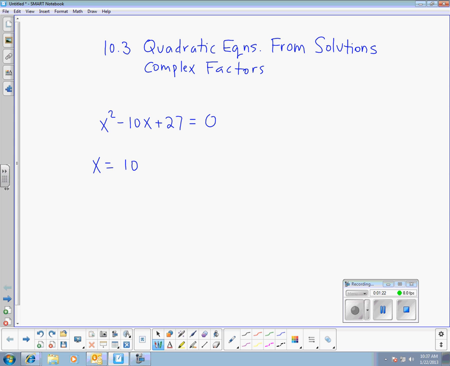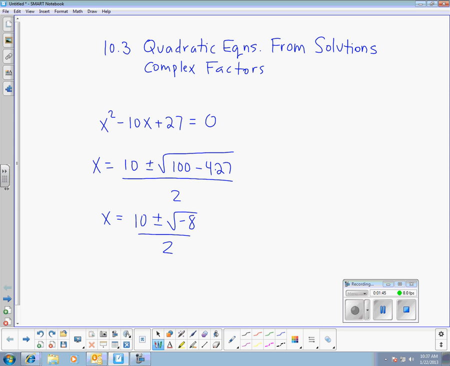Negative b, which is 10, plus or minus the square root of b squared, which is 100, minus 4 times 1 times 27, all over 2. 4 times 27 would be 108. So this is 10 plus or minus the square root of negative 8 over 2.